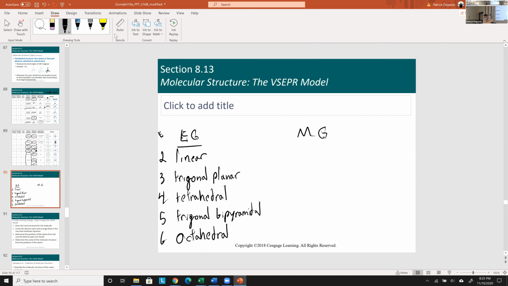Now for molecular geometry, there's a bunch. So I'll write them in order of amount. The simplest one is going to be linear. Then if you have linear with lone pairs, you get bent.